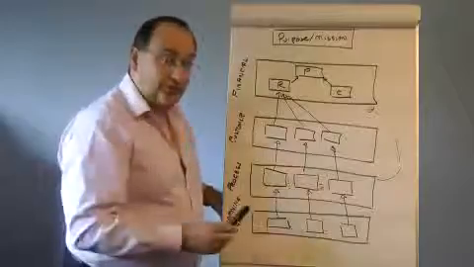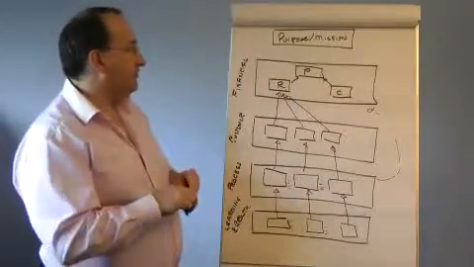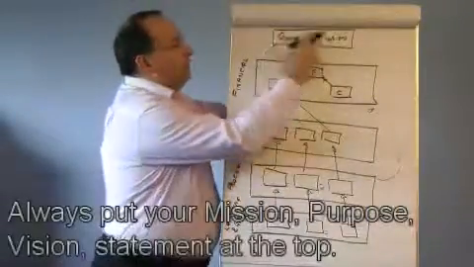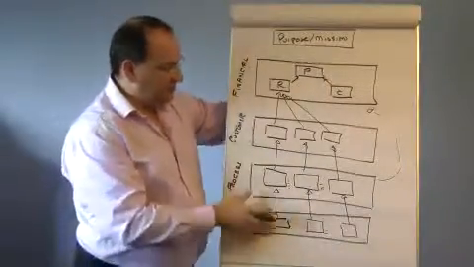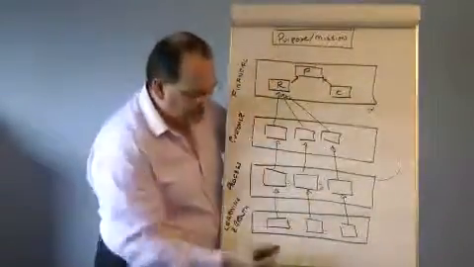I'm just going to quickly introduce you to a couple of other pieces of this. You always put purpose and mission on the top, because that provides a frame, because overall that's what you're trying to achieve.